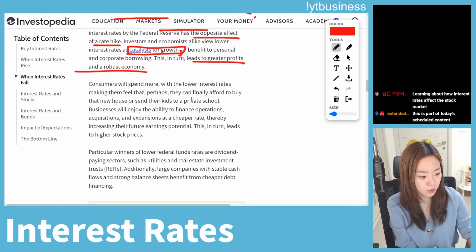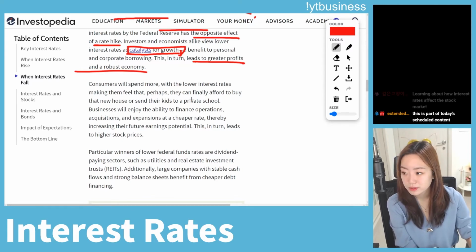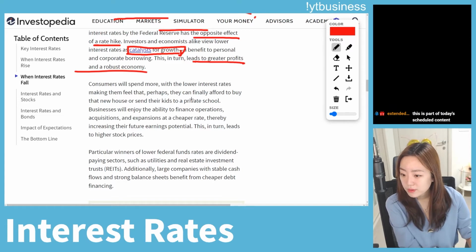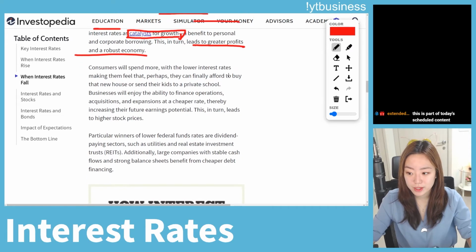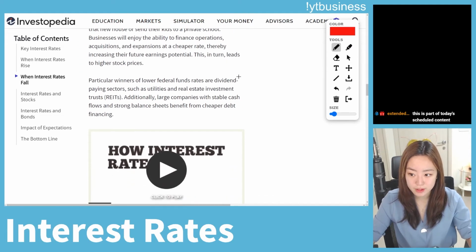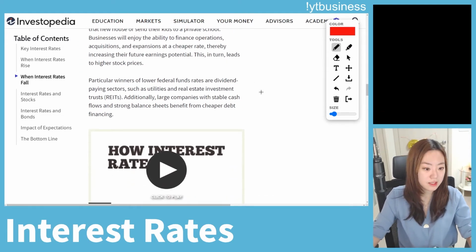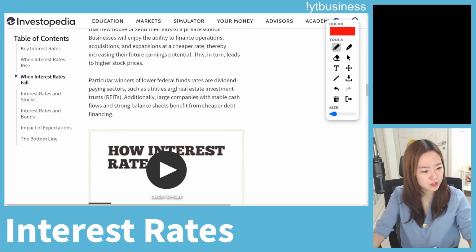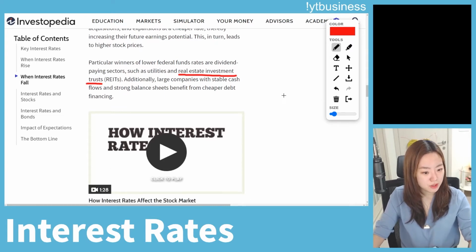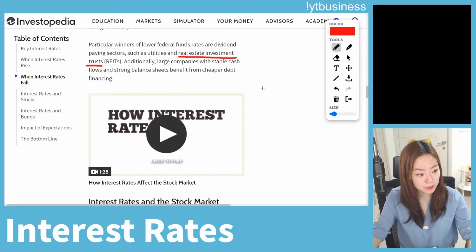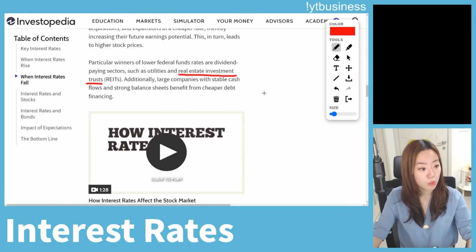This in turn leads to higher stock prices. Now, particular winners of lower federal fund rates are dividend-paying sectors, such as utilities and real estate investment trusts. Oh, this is another investment thingy. Additionally, large companies with stable cash flows and strong balance sheets benefit from cheaper debt financing. Ooh.